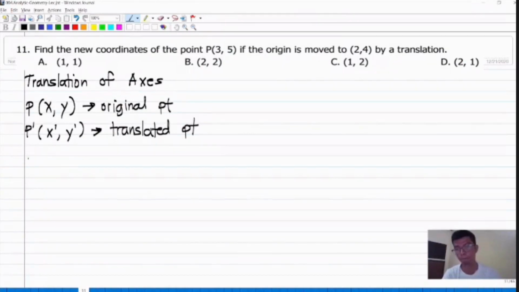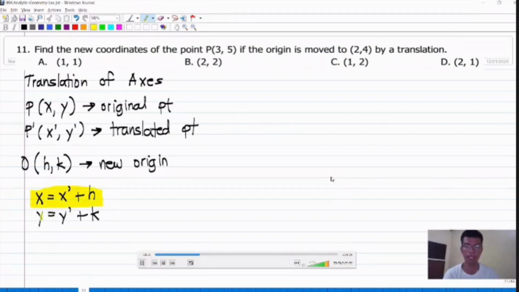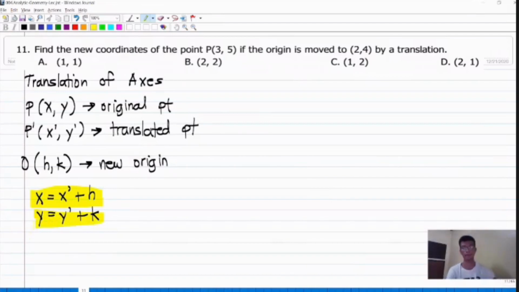And we have new values for our origin, h and k. This is the new origin. So we have the formula: x equals x prime plus h, and y equals y prime plus k. We just need to know from the given who x prime, h, x, y, y prime, and k are.